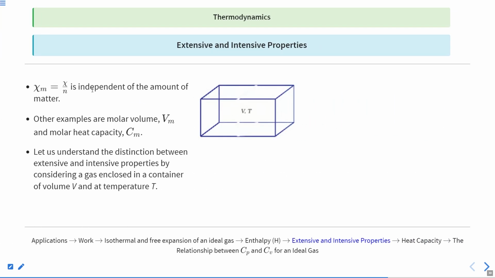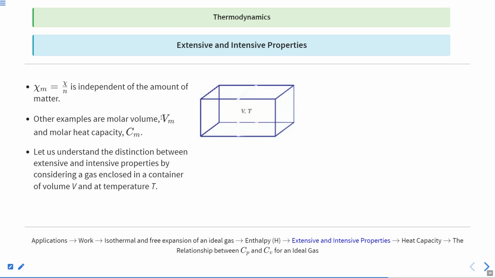Okay. Suppose this is your property that you are talking about. Now if you just divide it by the number of moles, so this property is what? This property is an extensive property. Suppose it is enthalpy, okay, or it is internal energy. Now if you divide this value by n, that is the number of moles, then your internal energy will be converted to molar internal energy, or enthalpy change will be converted to molar enthalpy change.